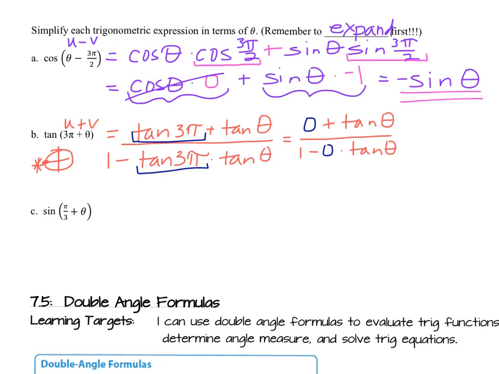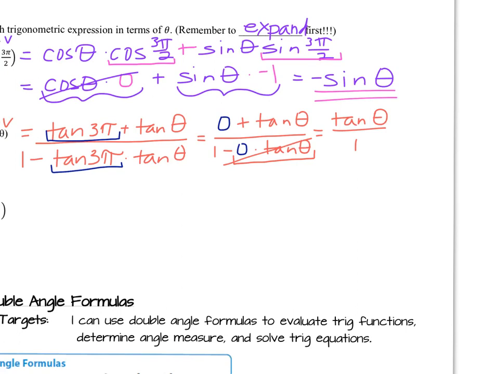Well, if we have 0 plus tan theta in the numerator, that just gives us tan theta. And on the bottom, 0 times tan theta crosses off, and 1 minus 0 is just 1. Our answer here then, tan theta divided by 1, is just tan theta. And that's as far as you can go.